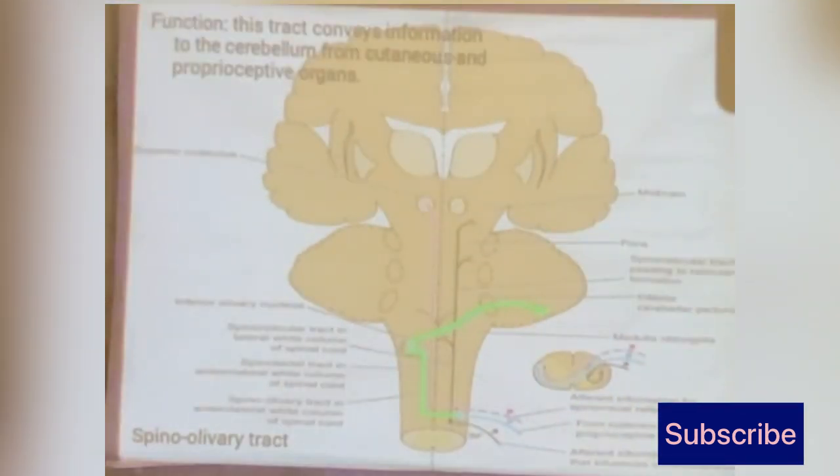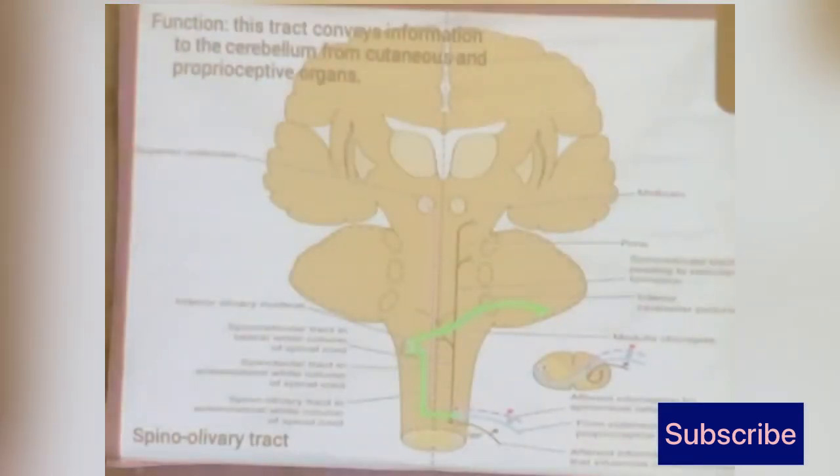These remaining tracts are responsible for the unconscious sensation in our body. That is the pathway for the spino-olivary tract. So this is the first order neuron, and the second order neuron in green. Then the third order neuron goes to the cerebellum of the opposite side.